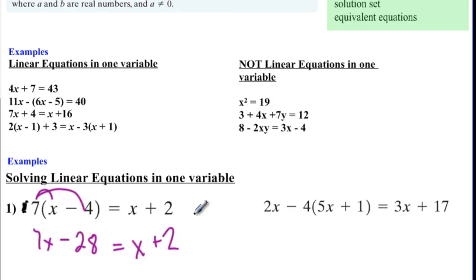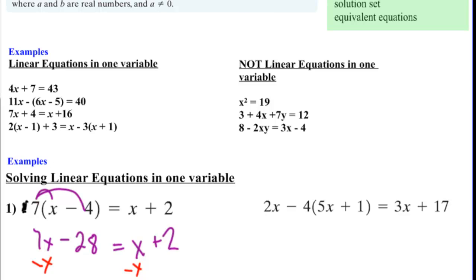To solve, we're going to get our x's on one side and our numbers on the other. My suggestion is that we put the x's to where the x will still stay positive. So I'm going to go to the left with the x's. So minus x on both sides. So we're going to have 6x minus 28 equals 2.